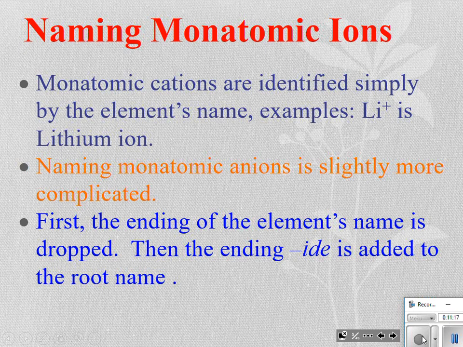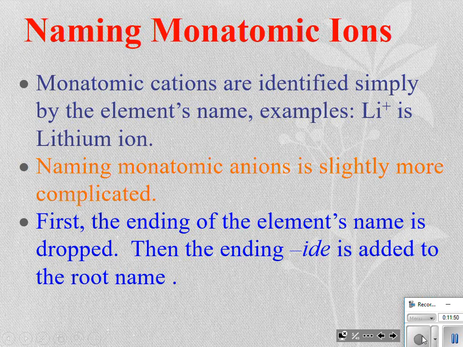So all of the halogens want to gain how many electrons? 1 electron. So what do you think their charge is going to be? -1. Look at the next row. The oxygen family. How far are they away from completing their shell? 2. So how many electrons do they want to gain? 2. So what is their charge going to be? 2 minus.